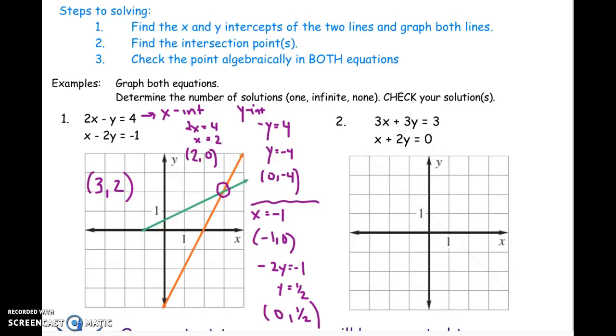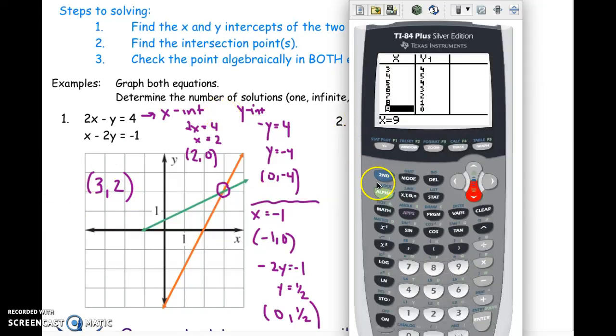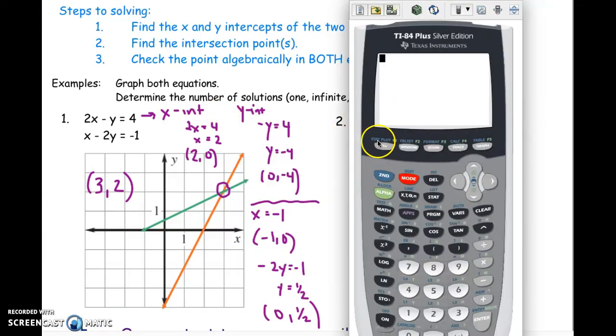We do that by plugging them in and making sure they work. 2 times 3 minus 2 should equal 4, which works. 3 minus 2 times 2 should equal negative 1, and it works. That tells me those are the solutions.